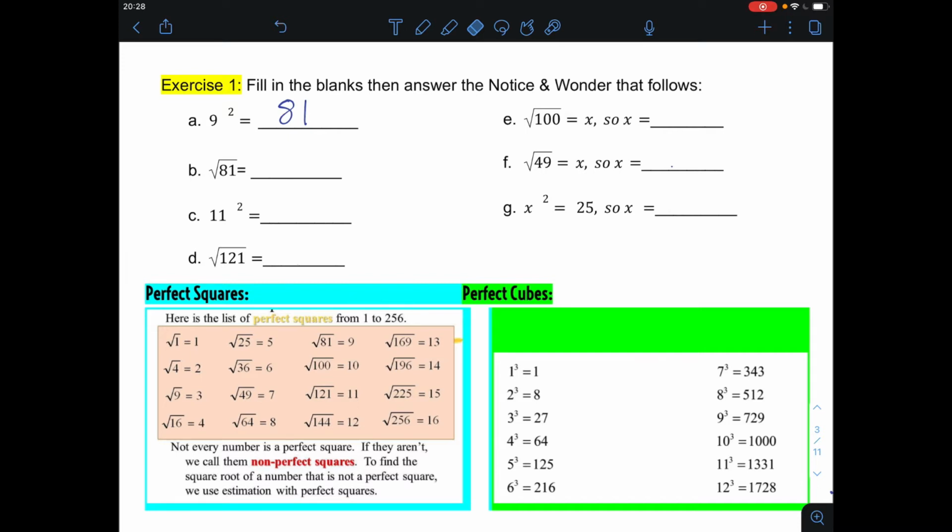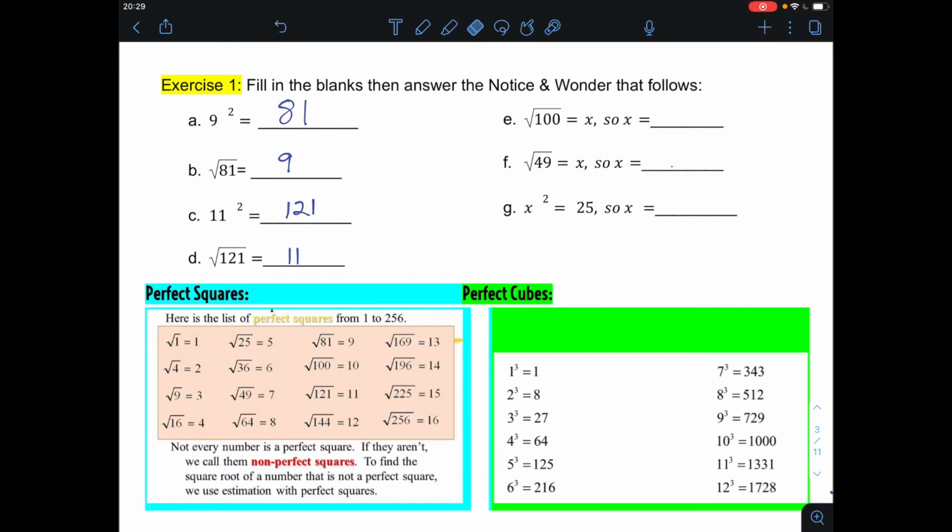We can use what we know about our math facts to find out that 9 times itself equals 81. With 11 squared, 11 times itself equals 121. So if we go in reverse to find the inverse of that by doing the square root of 121, the number that multiplies by itself to make 121 is 11.